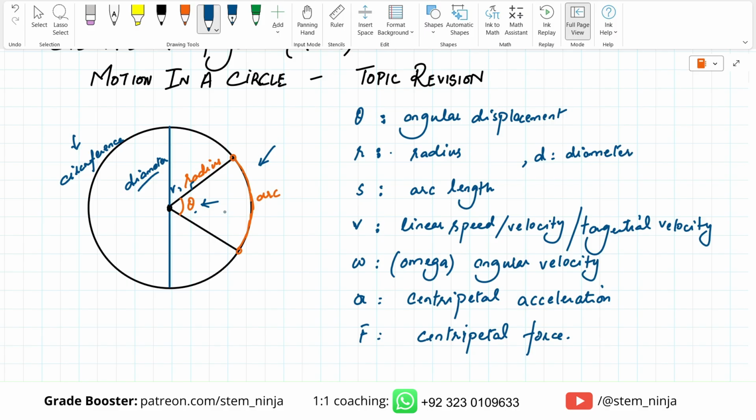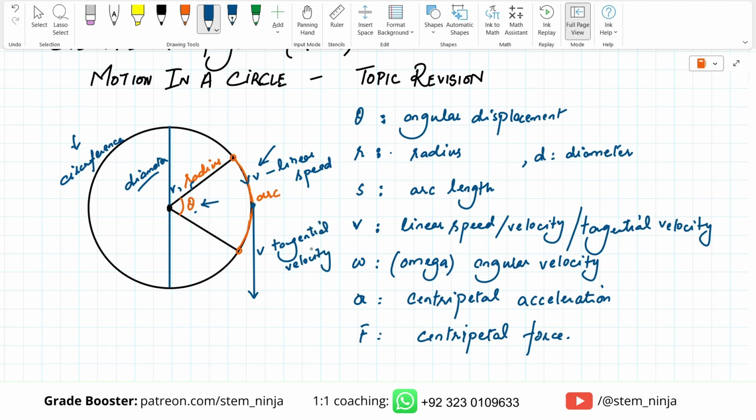S is the arc length. V, linear speed or velocity, represents orbital speed, the speed at which the object is traveling on this circle. This would be the linear speed. However, the tangential velocity is the same thing but represented as a vector.